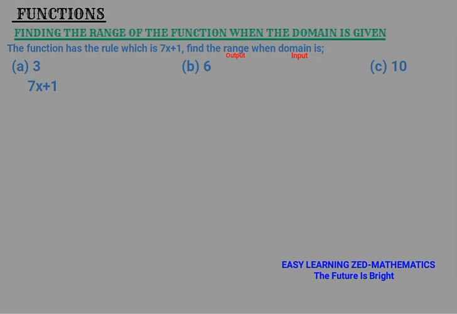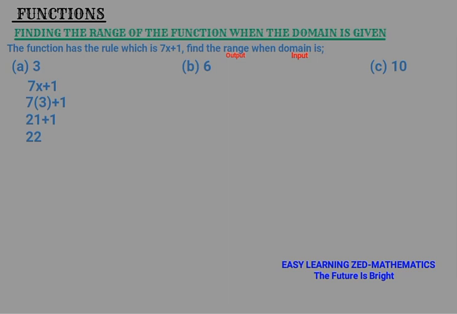So we're going to replace x by 3. So we're going to say 7 multiplied by 3 plus 1. So 7 multiplied by 3 will give us 21 plus 1, which will give us 22. So the range when 3 is used is 22.